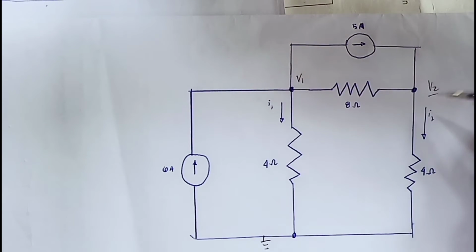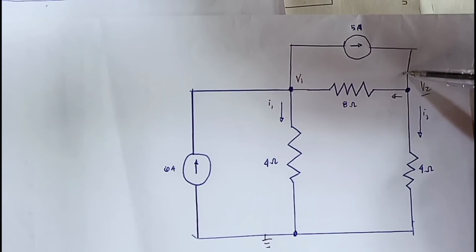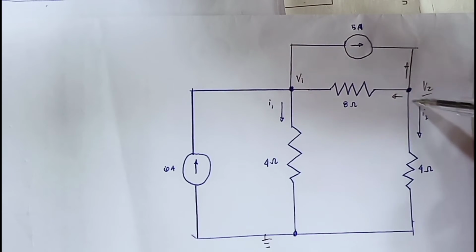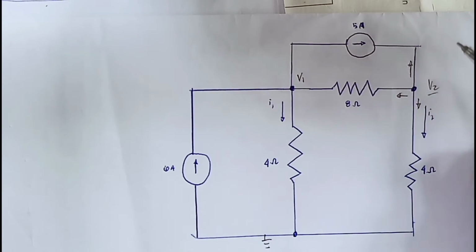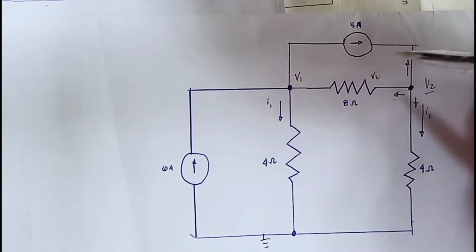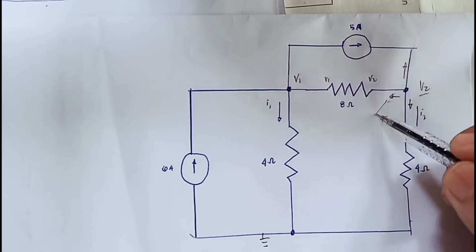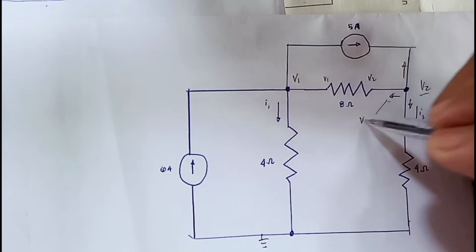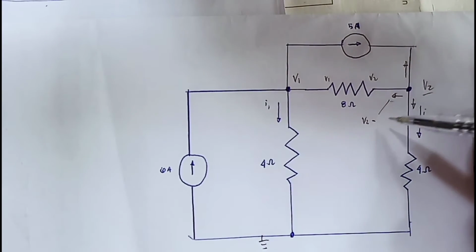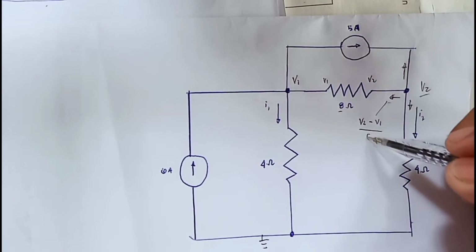Next we go to node number 2, the voltage V2. We start with the currents exiting the node. In this one we have 3 branches. We start with the branch where V2 and V1 are located, so we write V2 minus V1 over the resistor 8.